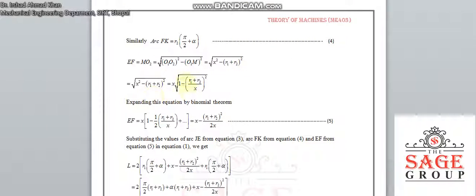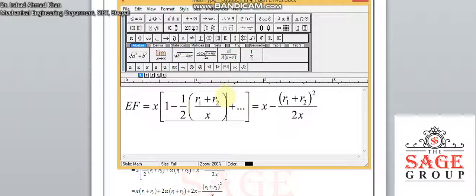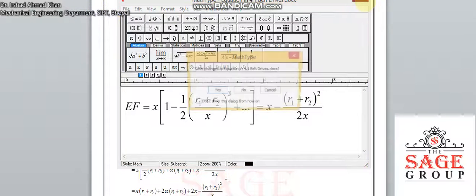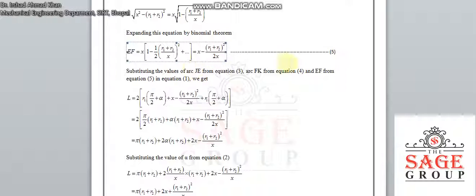Now this relation becomes like this, and by solving it using the binomial theorem we can write it like this, but there must be a square. Okay, great. Now this becomes like this.